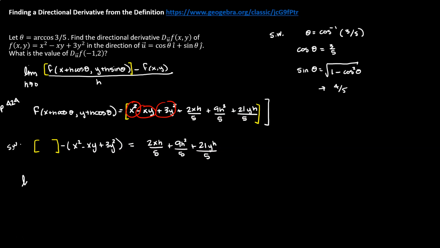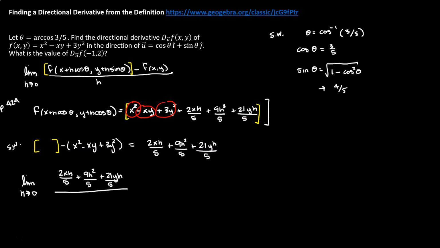Let's go ahead and rewrite our limit, where we have 2xh over 5 plus 9h squared over 5 plus 21yh over 5. Oh, I wrote y squared; my brain decided to turn that into y squared. It's 21yh over 5.